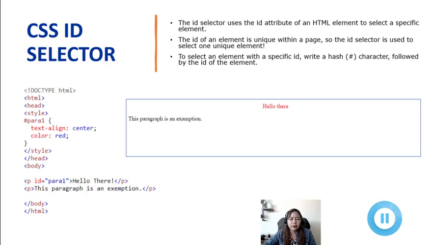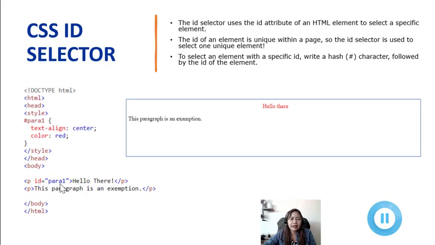Okay, so we move on with the discussion of the CSS ID selector, which is one way you could specify the format in CSS. Now, for the ID selector, I want you to focus on the body tag here, particularly on the p tags on this part of your code, which has id equal to para1.